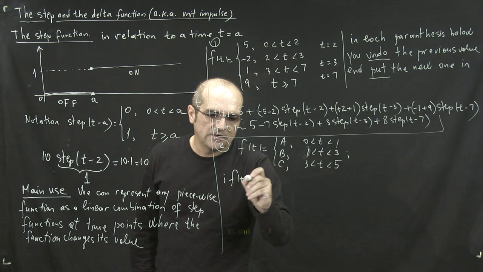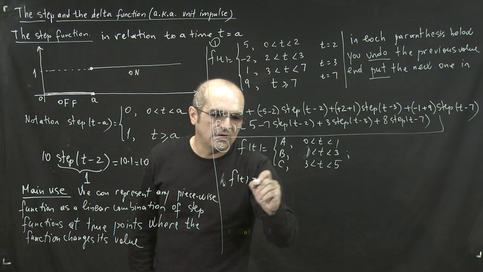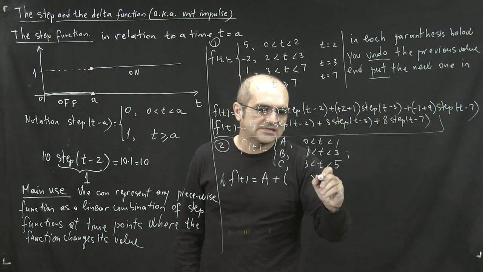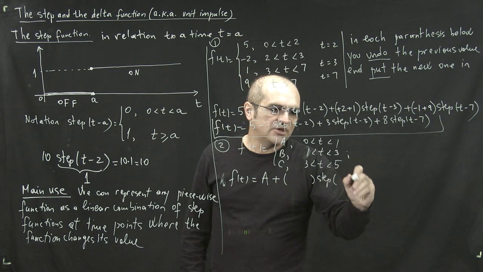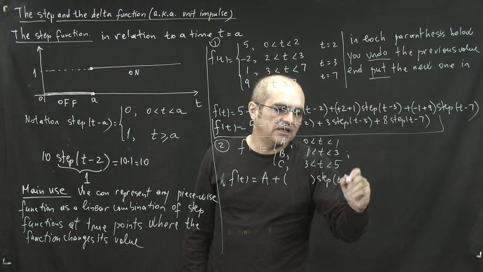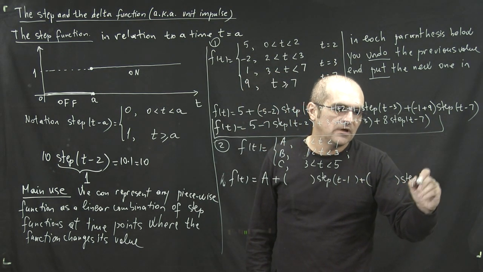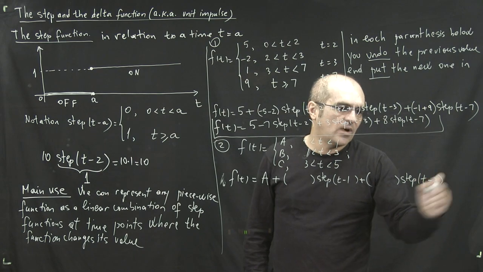F of t equals the first value, and then plus a combination of step functions at each time point where the function changes its value, which in my case is 1 and 3.